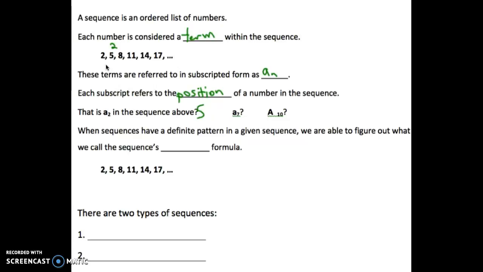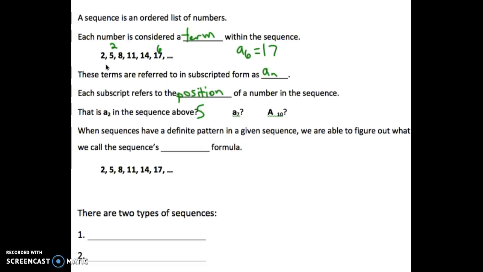Now, take a minute and consider what would a sub 7 be and then a sub 10. Now, how many terms are in here? There's 1, 2, 3, 4, 5, 6. So what is, let's say, a sub 6? In this case, a sub 6, the sixth term is 17. So the sixth term is 17.